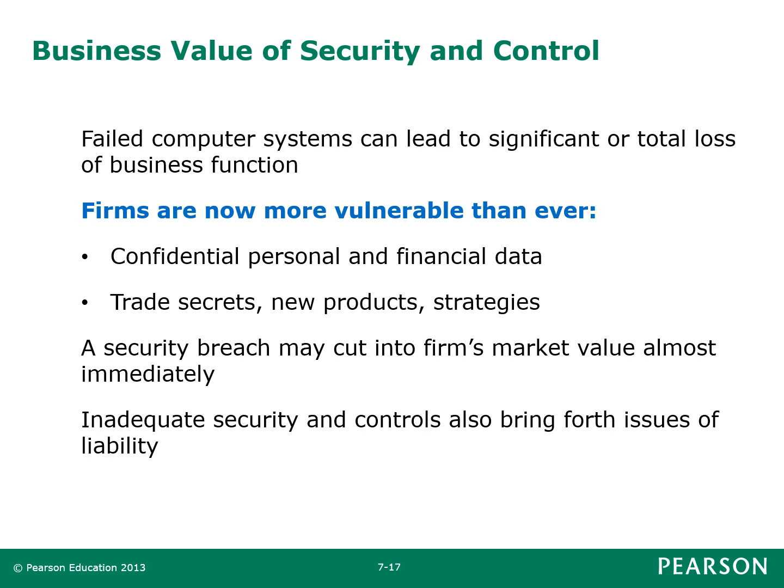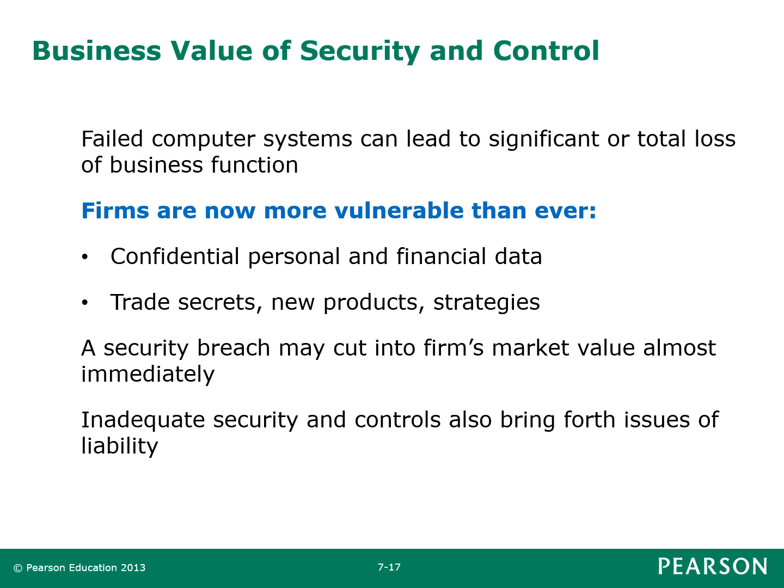The term business value of something is always used to see how this thing impacts the business. Now, this slide shows you the impact of security and controls on the firm's business and its business processes.